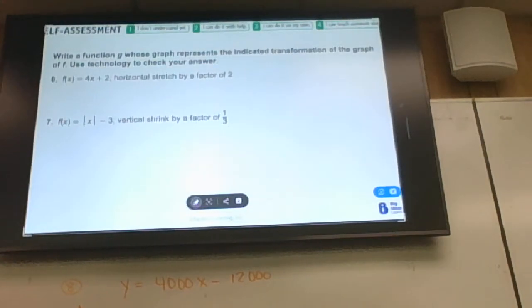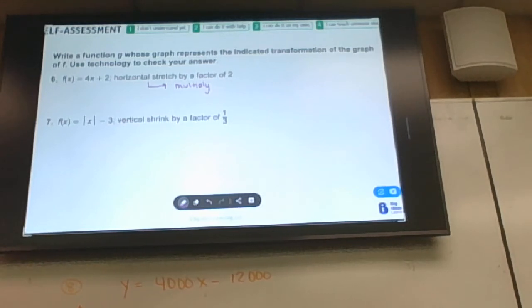Did you write down what it says about horizontal stretch? All right, how do I perform a horizontal stretch?